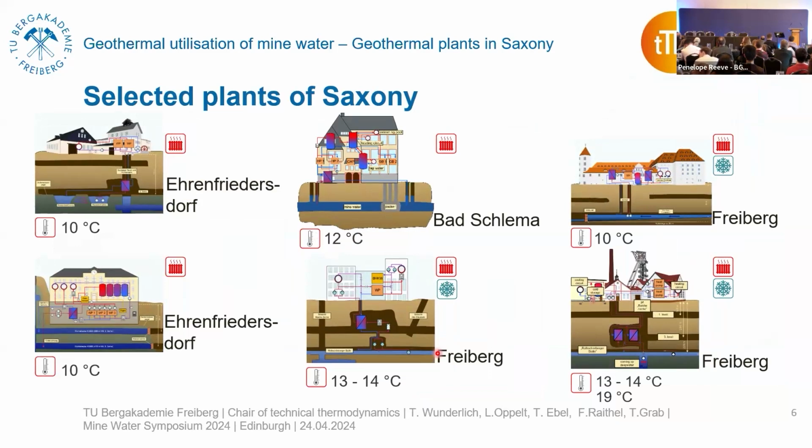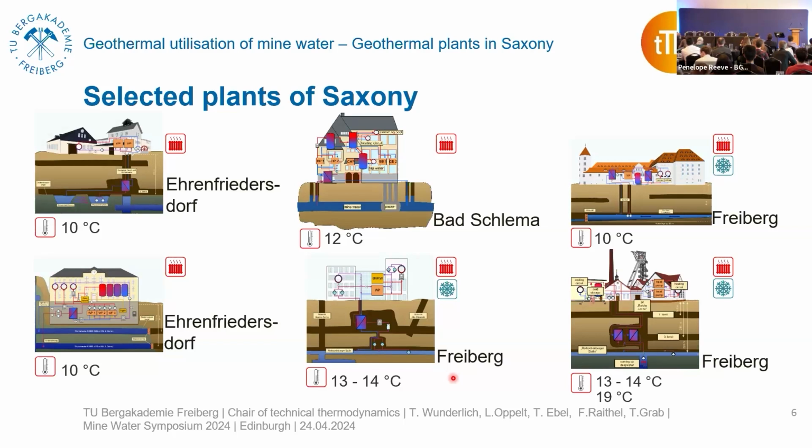We've got sizes from 120 kilowatts, like in Ehrenfriedersdorf, to 800 kilowatts, like the Freiburg hospital. The systems use temperature ranges of more or less 10 to 14 degrees Celsius, and the Reiche Zeche uses up to 19 degrees Celsius due to uprising deep waters from the shaft.